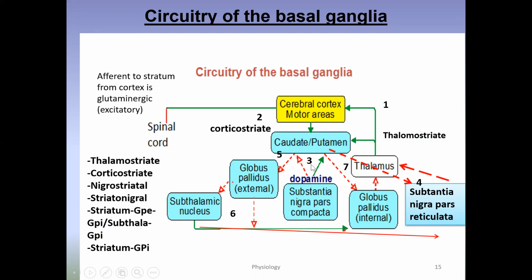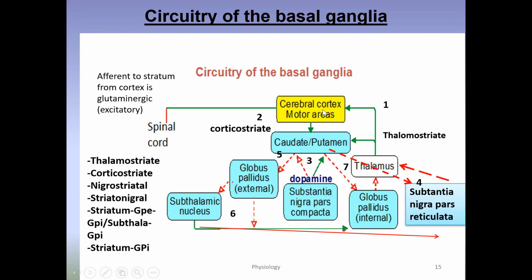Second is striatum to globus pallidus external segment. You can see that, and then from the globus pallidus external segment, an inhibitory signal goes to the subthalamic nucleus.